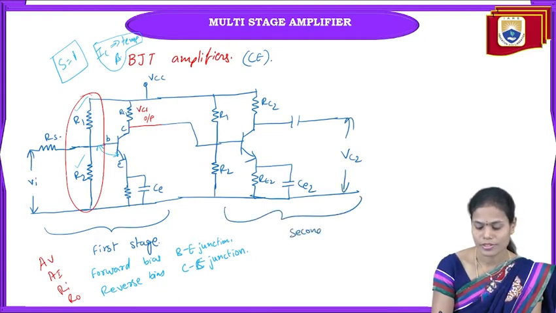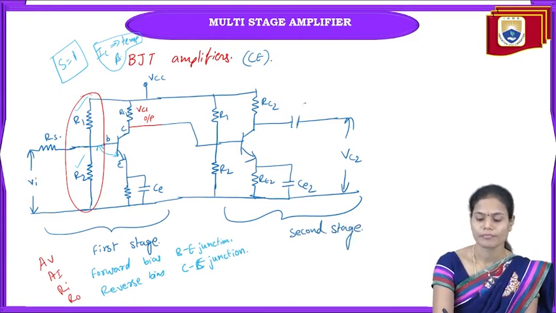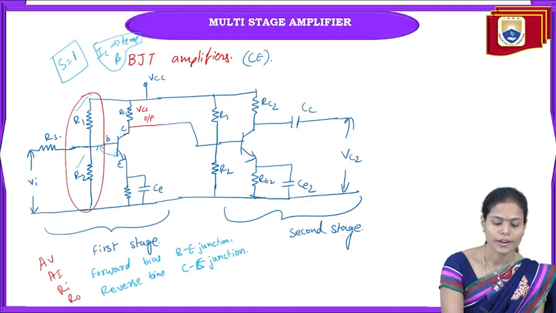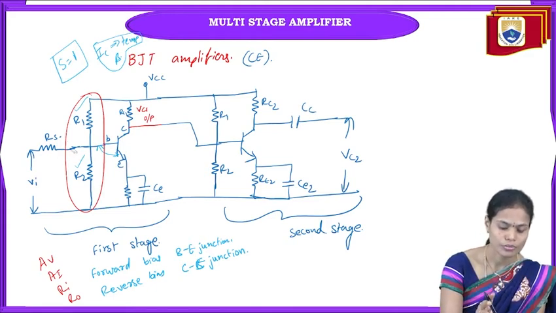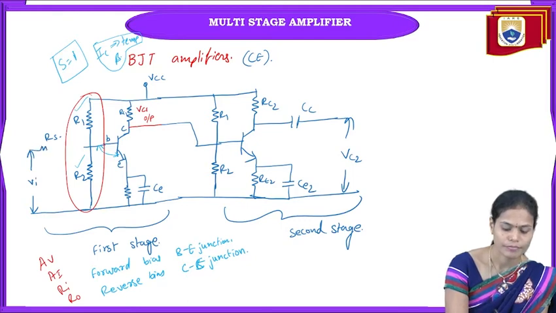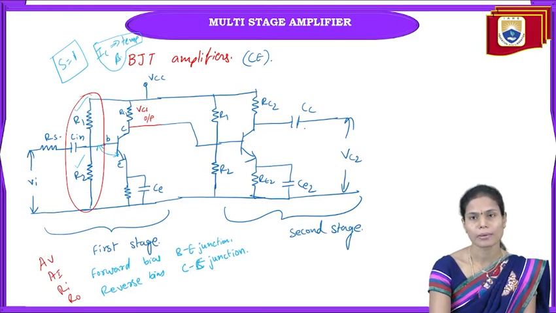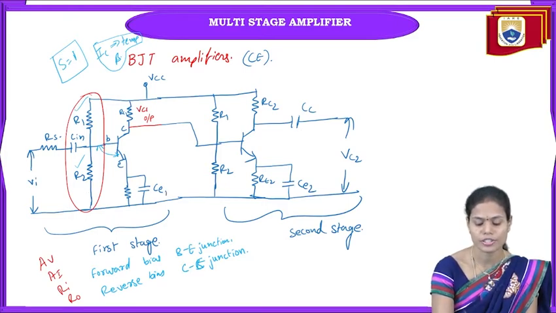This is the second stage. And here we can also use one more capacitor in order to connect the input signal to the first stage, that is the Cin capacitor. So the Cin and Cc are the coupling capacitors, and CE1 and CE2 are the bypass capacitors here.